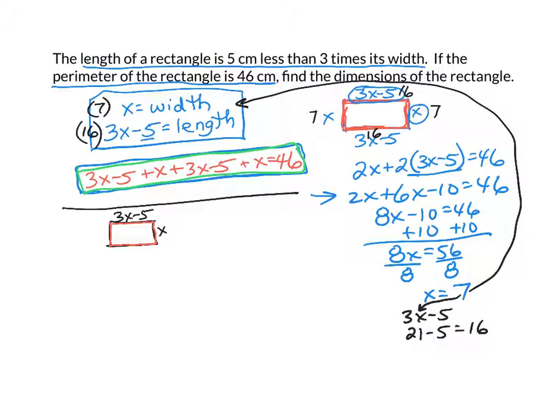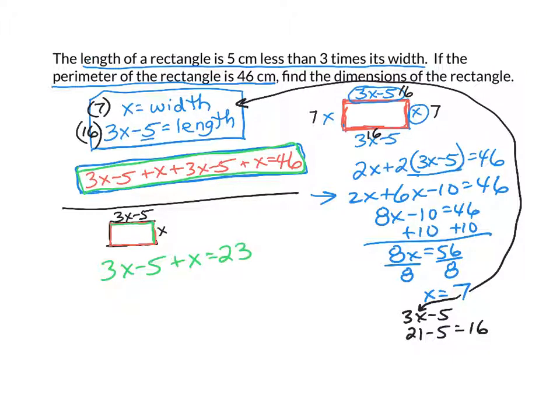Well, the other thing you could say is, if all the way around it is 46, halfway around it has to be half of the perimeter, half of 46. So another equation you could have is just 3x minus 5, the length, plus x, which is the width, has to be half of the perimeter.